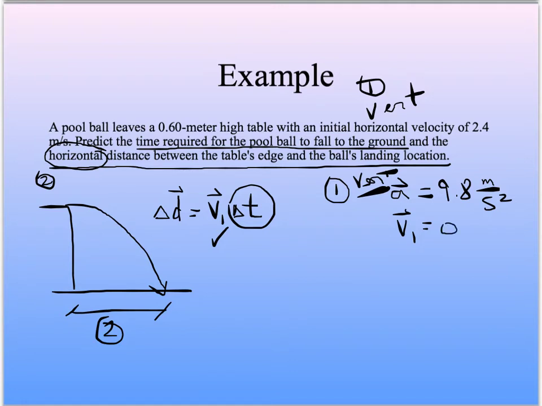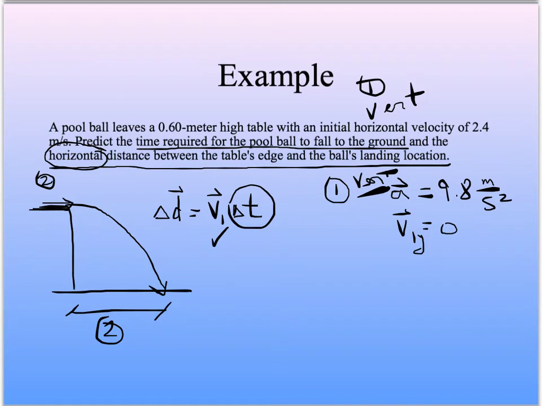Again, it'll be 0 because the surface of this table will be assumed to be horizontal, and the ball will be following that surface because it's rolling along it. And so at the moment it leaves the surface of the table, it will be traveling horizontally. Thus, its vertical velocity will be 0.